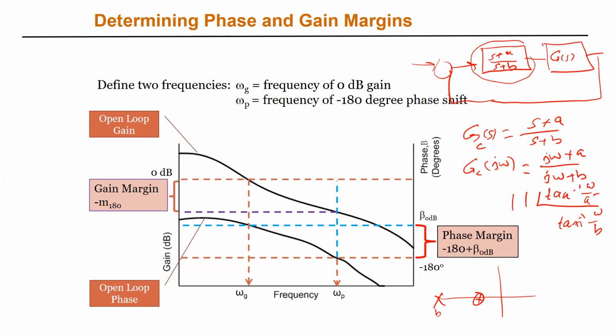A has to be smaller than B. So A is near the J omega axis, and B is farther. So the net of this is going to be a positive phase, isn't it? Yes.